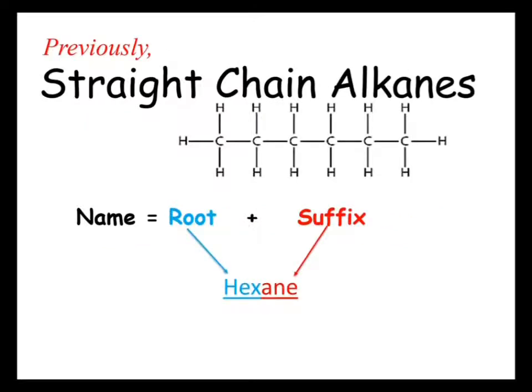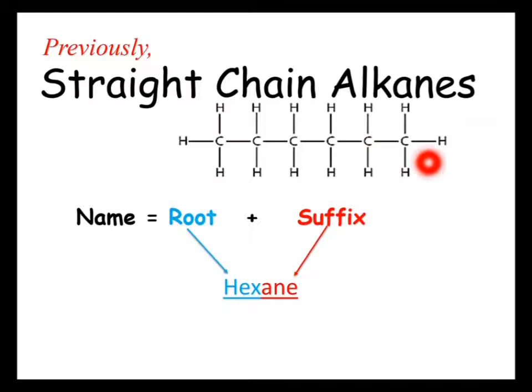Previously, in the second lesson, we learned how to name straight chain alkanes. We got to know that, for example, in naming a straight chain alkane like this one, you need a root word and then a suffix.